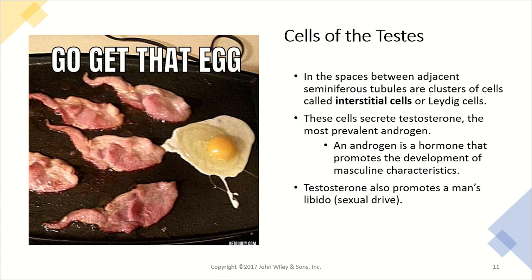An androgen, just as a brief reminder, is a hormone that promotes the development of any sort of masculine characteristics. Anything from deep voices to extra body hair to potentially larger muscle mass or denser skeletal systems. But anyhow, testosterone is the main androgen present in males, and this testosterone is also going to promote a man's libido or sex drive.